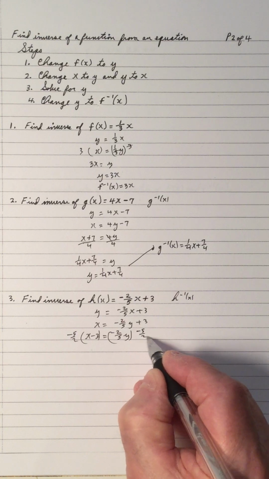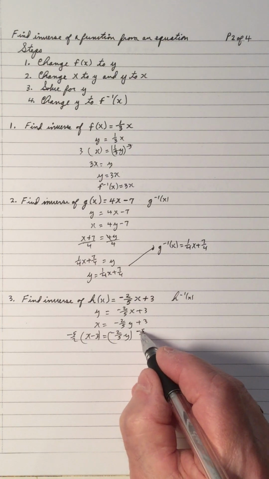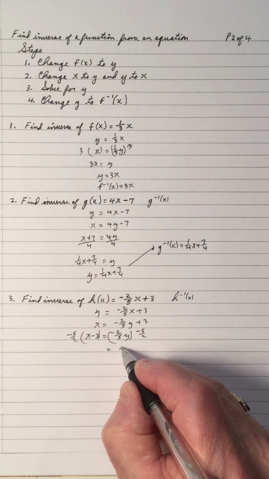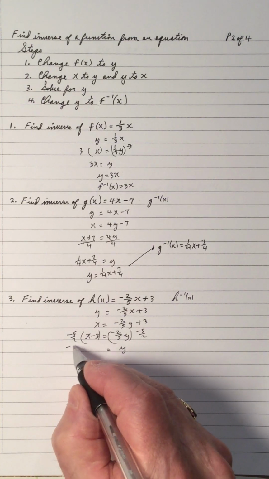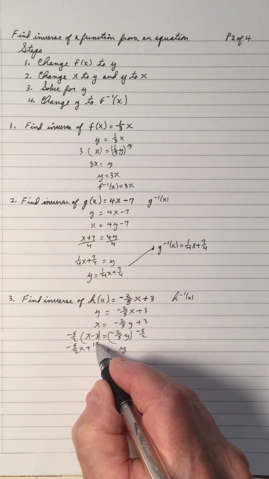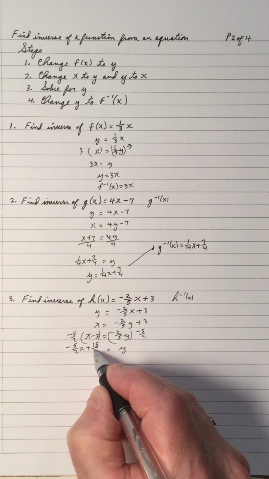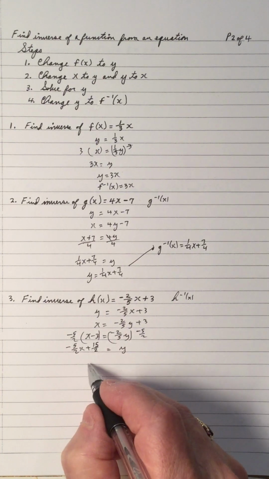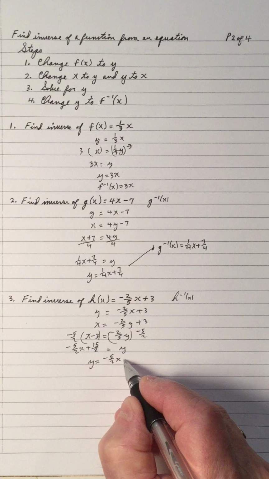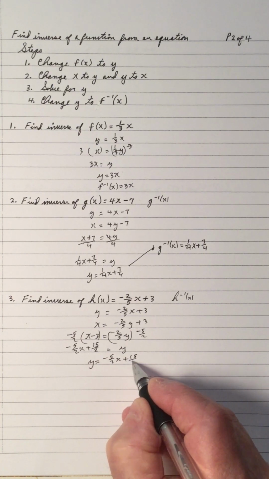The negative times the negative is positive, so this cancels out to be a 1, so that's a y. So we get negative 5/2 x plus 15/2. And so that's y equals negative 5/2 x plus 15/2.